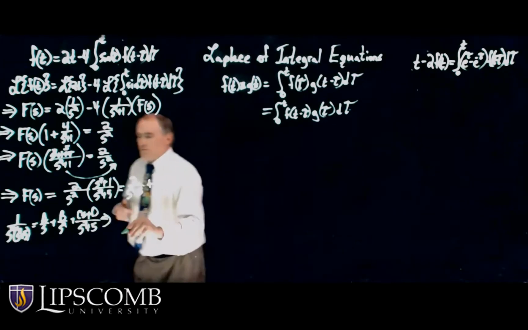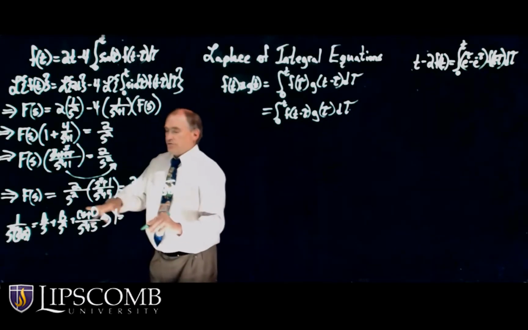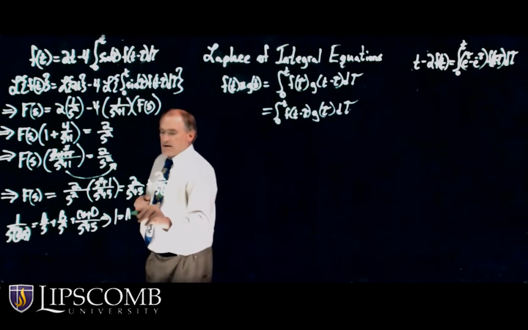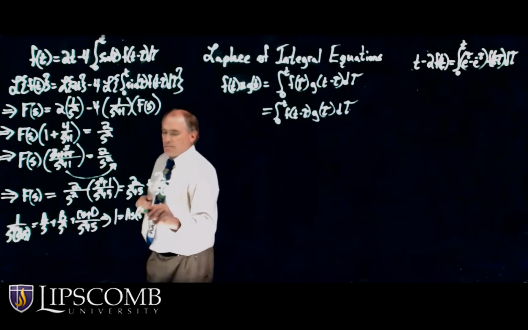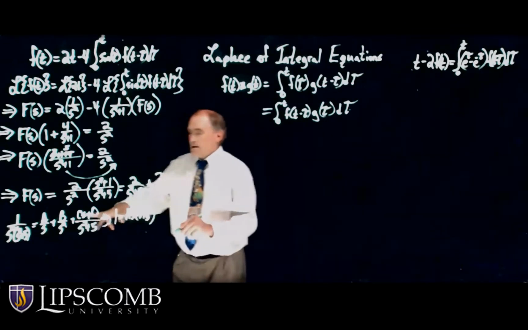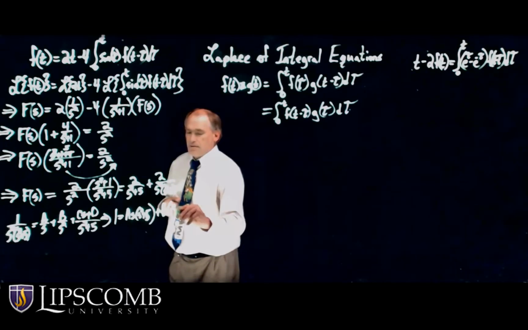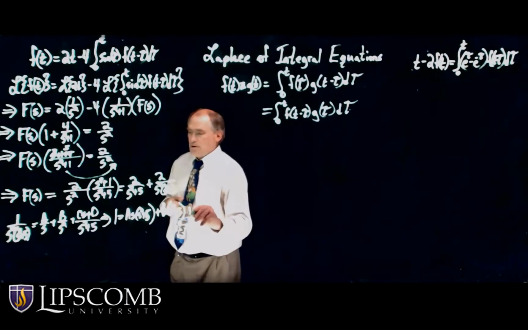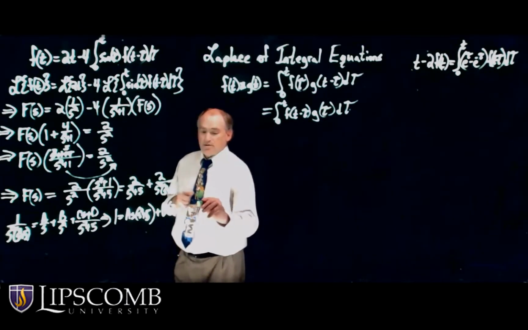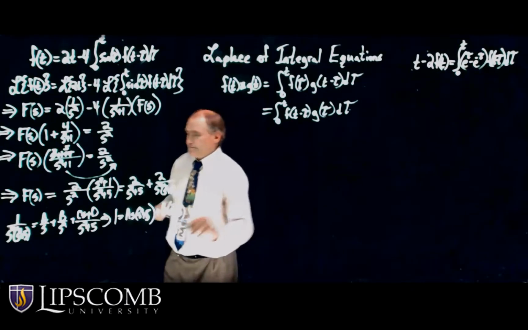So what do we get? We get 1 equals A times s squared plus 5, plus B times s squared plus 5, plus Cs plus D times s squared.